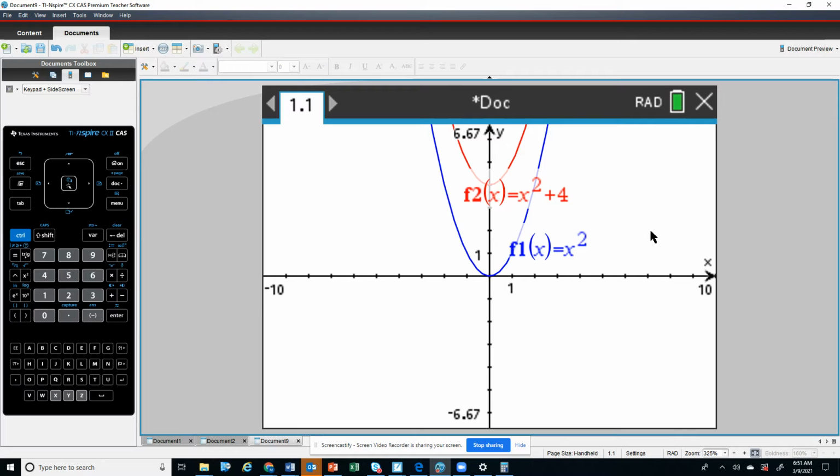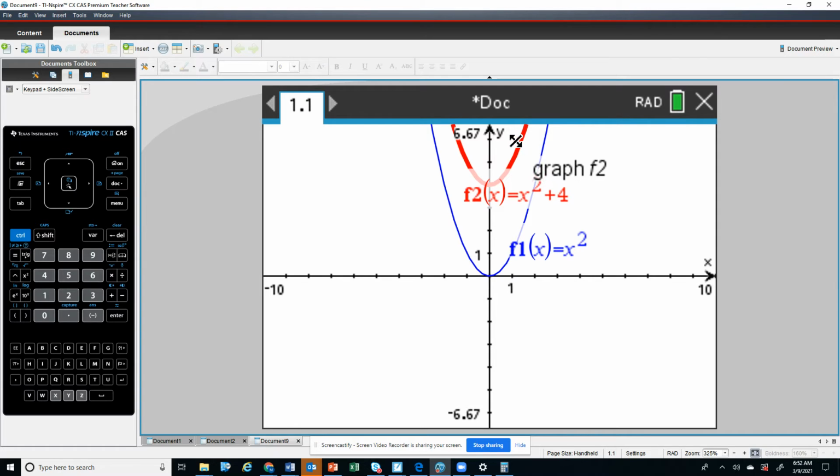I'm going to look at this real quick. Pause the video, I'm going to ask some questions. Does the new graph, x squared plus 4, the red graph, have any x-intercepts? And what is the domain? Well, the answer is, for this red graph, there's no x-intercept, because the graph does not cross the x-axis.